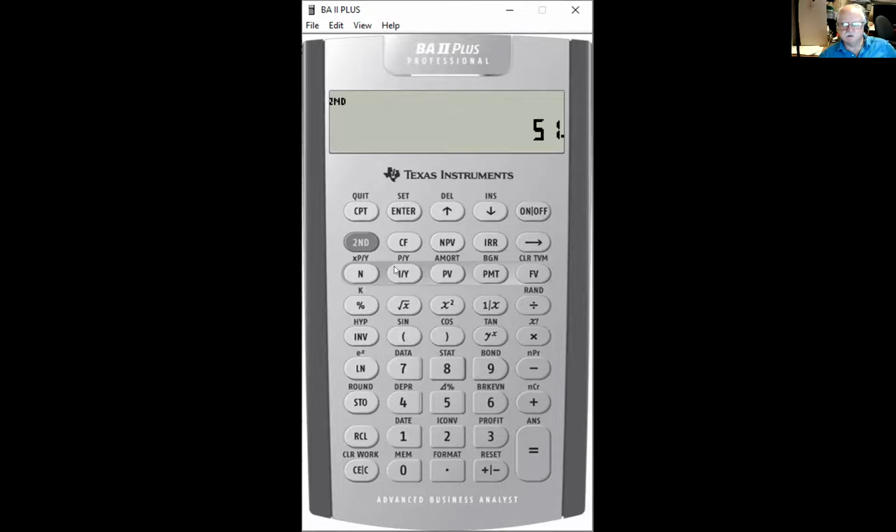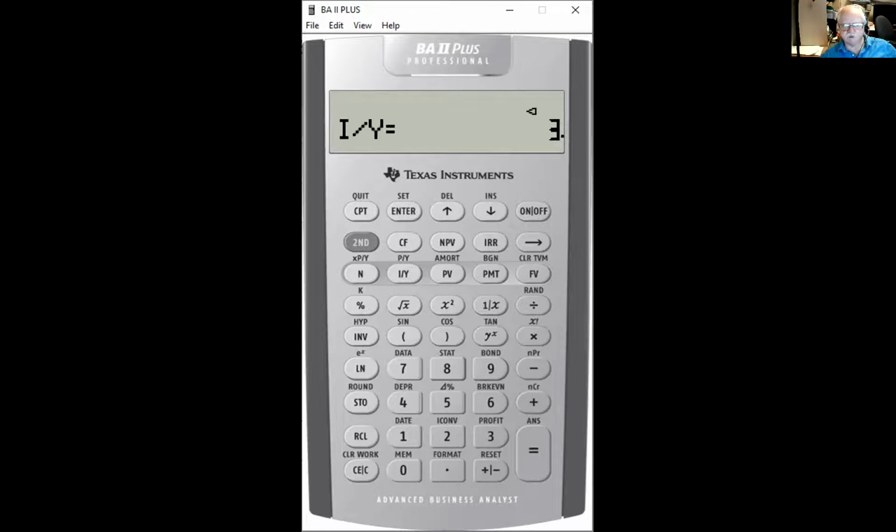So second P/Y 2, enter, and if I go clear now, it'll automatically put 2 into the compounding, which is what we want. And we figured out the number 13 for N. So I have to go 13 into N. The market interest rate is 3. So 3 into I/Y.